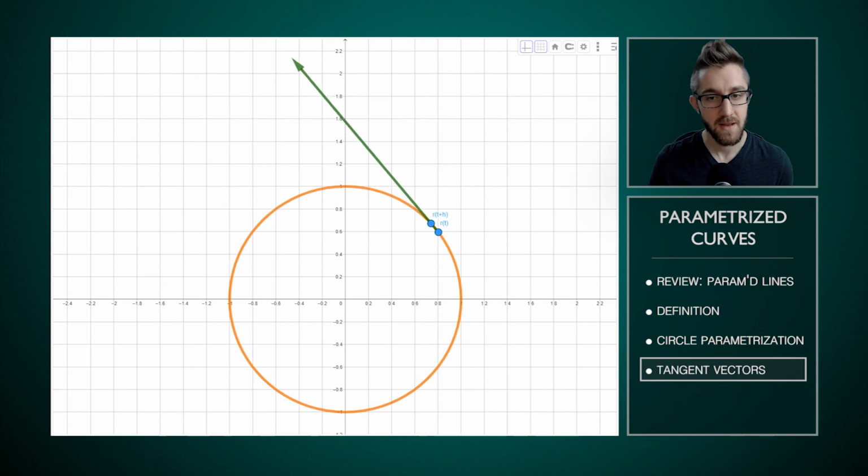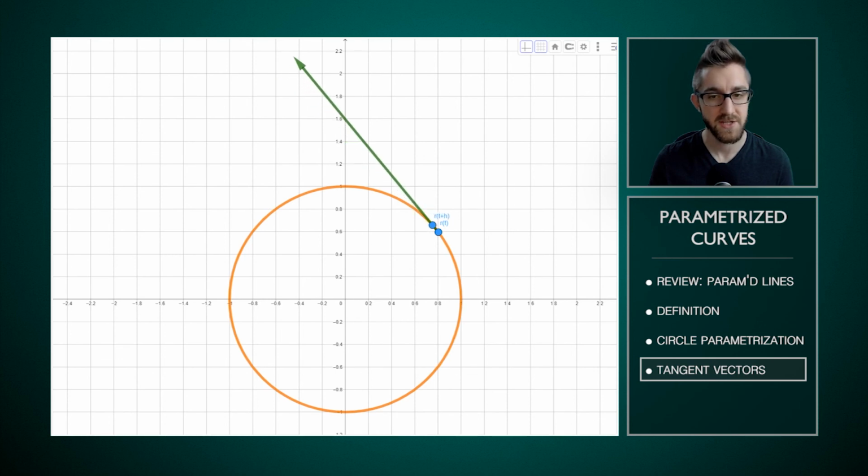And notice that even though it's getting closer and closer, this vector is staying roughly the same length, independent of h. That vector, the green vector, is about the same size. The reason for that is that r of t plus h is getting closer to r of t, so the numerator is getting smaller at sort of the same rate as the denominator, which is h, is getting smaller. So those two changes sort of cancel each other out.